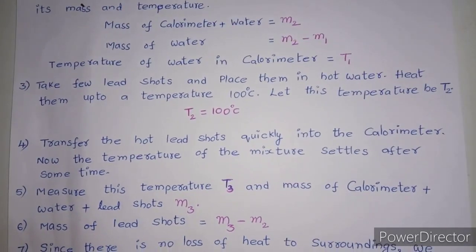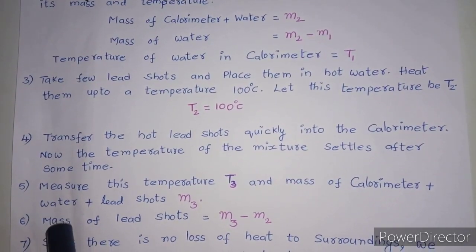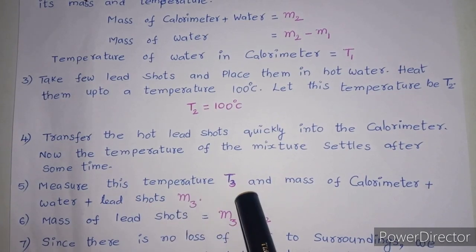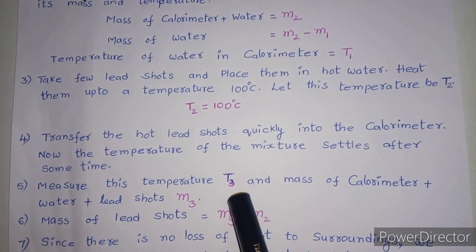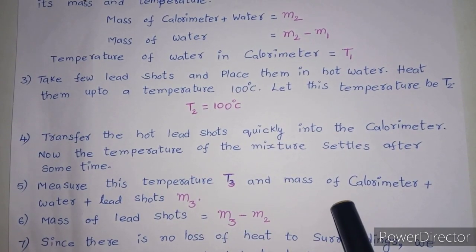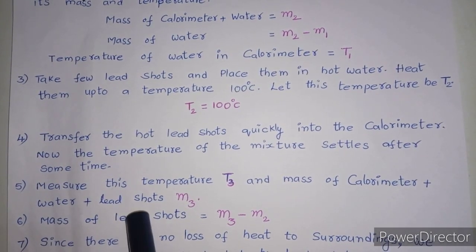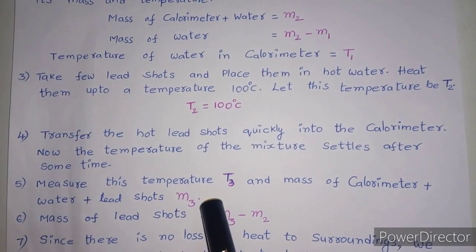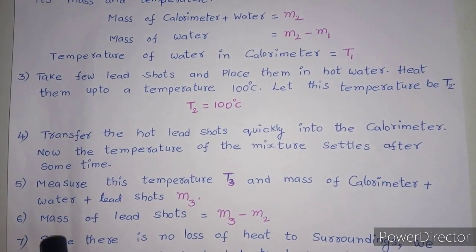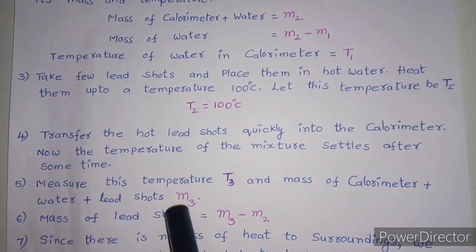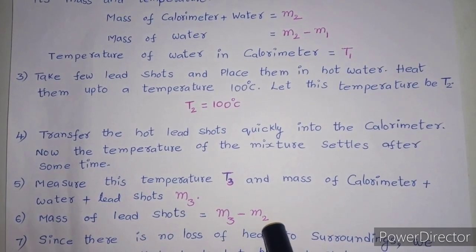Next, the temperature will have changed. So let us measure this temperature T3 and the mass of calorimeter plus water plus lead shots, that is M3. Now we need to find the mass of lead shots, that is M3 minus M2.